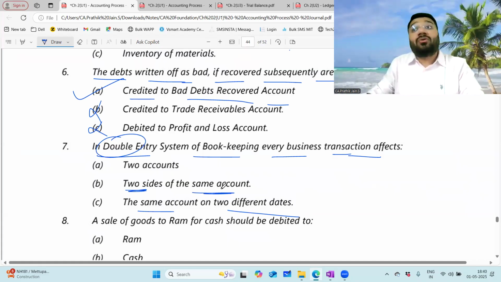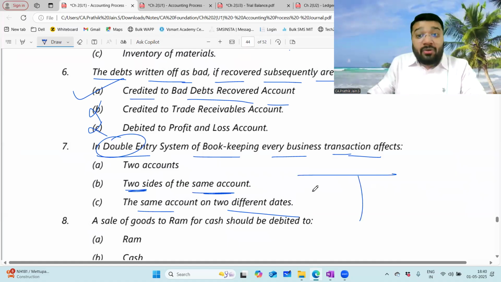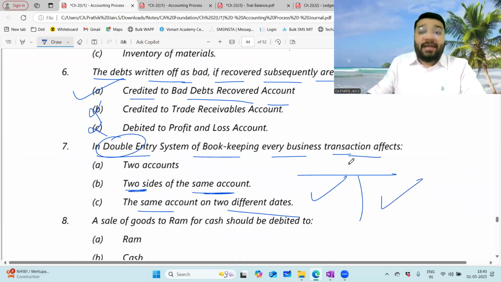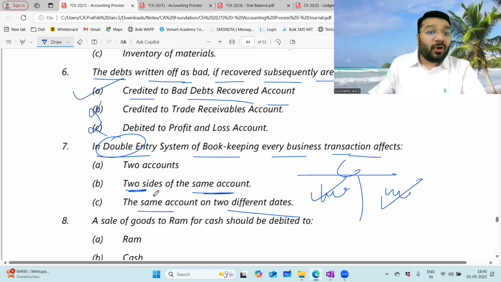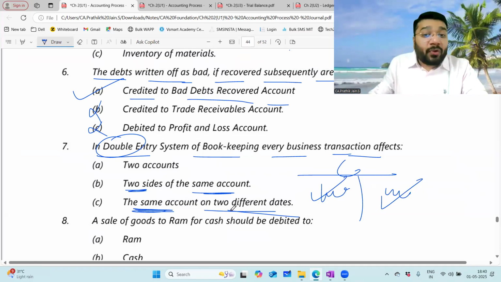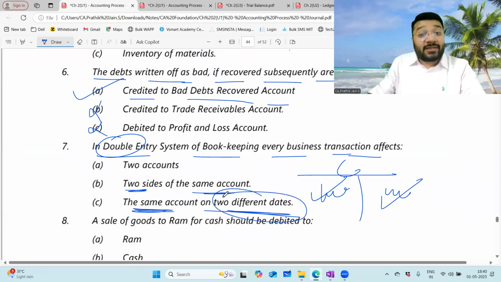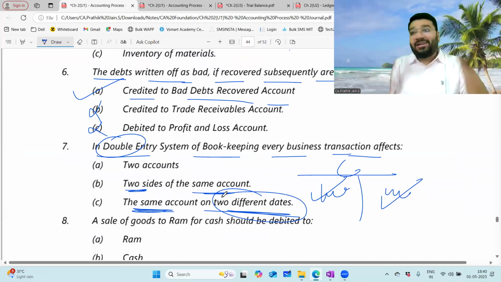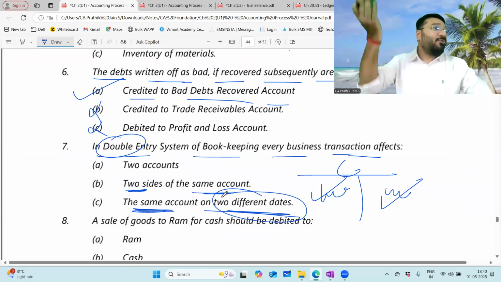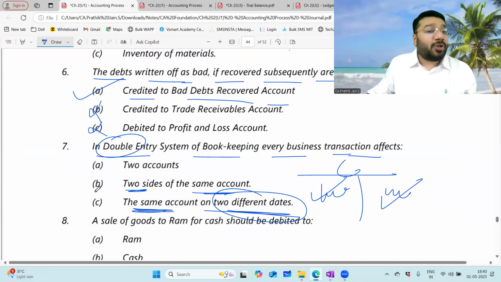Here also I'll record, here also I'll record. In cash account, 10,000 capital, 10,000 cash. Will I do it? No, nonsense. Same account on two different dates. Oh, two different dates, I'll record the entry, double entry. One day tomorrow, today, one day tomorrow, double entry. Nonsense.